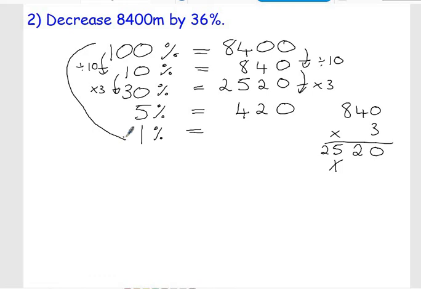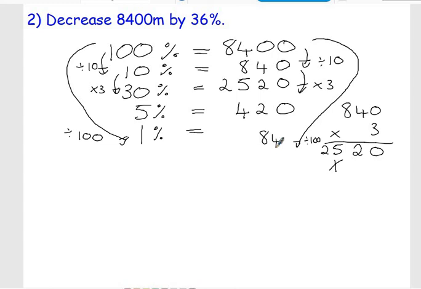I'll squeeze in the arrow here. Dividing by 100 gives us 84. These digits move 2 places to the right, 1, 2, so we end up with 84.